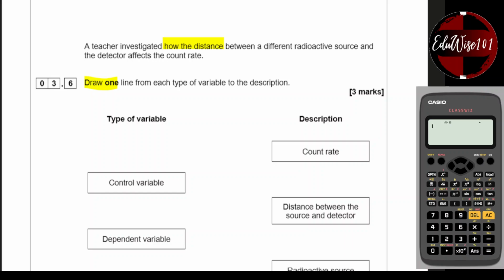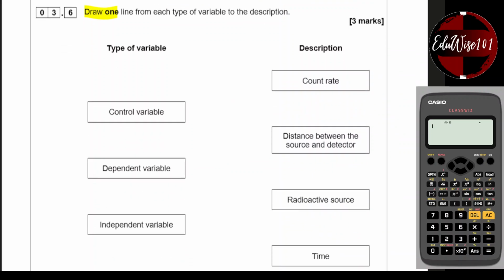That would be my independent variable. I'm choosing to change the distance from a different radioactive source. Now, you wouldn't be changing the radioactive source while you're doing the experiment, so that should be your control variable. And the detector affects the count rate. Count rate depends on the distance, so that is your dependent variable.